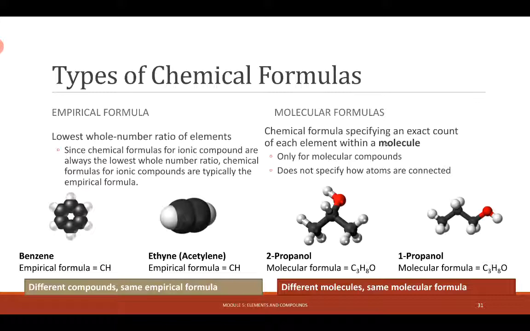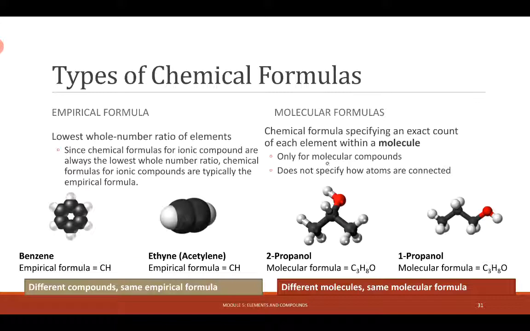Molecular formulas tell you exactly how many of each different atom are in the molecule, how many are bonded together in a molecule. Remember, molecules are discrete units, not continuous structures.